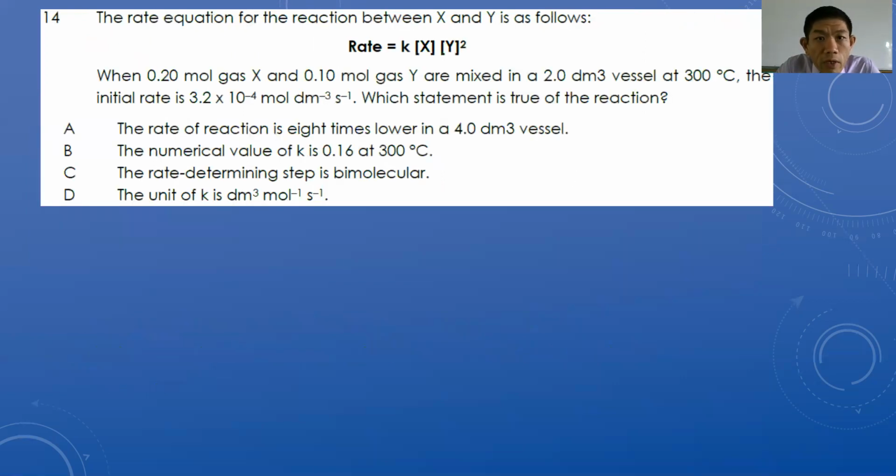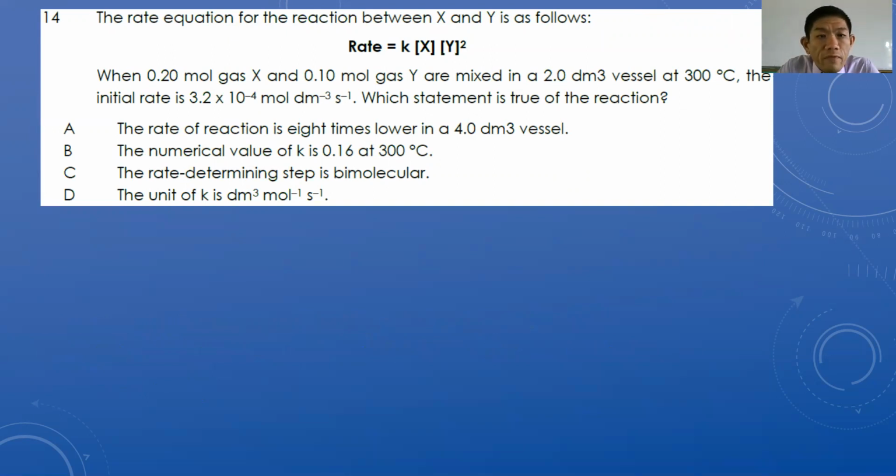Then number 14, the rate equation for the reaction of X and Y is shown below. Rate equals k[X][Y]². When 0.2 mole of gas X and 0.1 mole of gas Y are mixed in a 2.0 decimeter cube vessel at 300 degrees Celsius, the initial rate is 3.2 times 10 power negative 4 mole per decimeter cube per second. Which of the following statements is true?